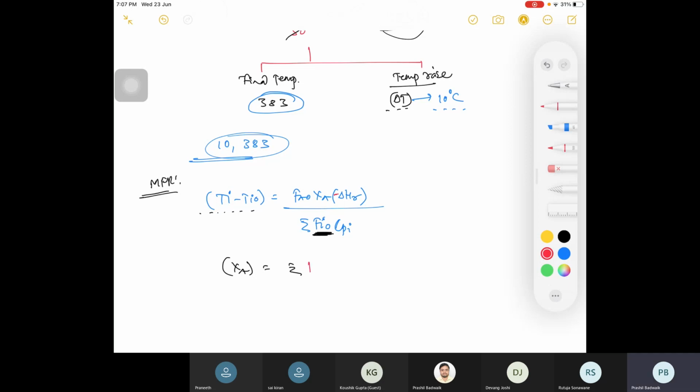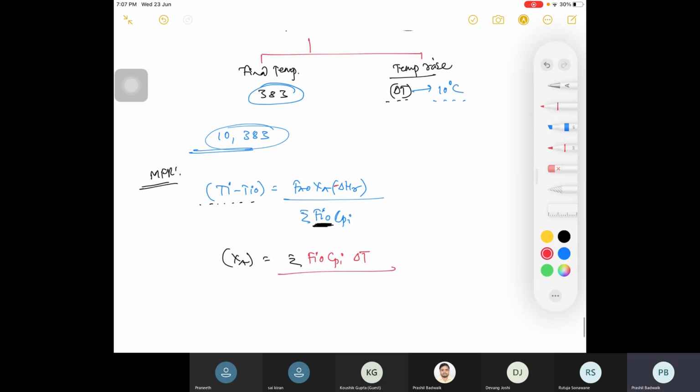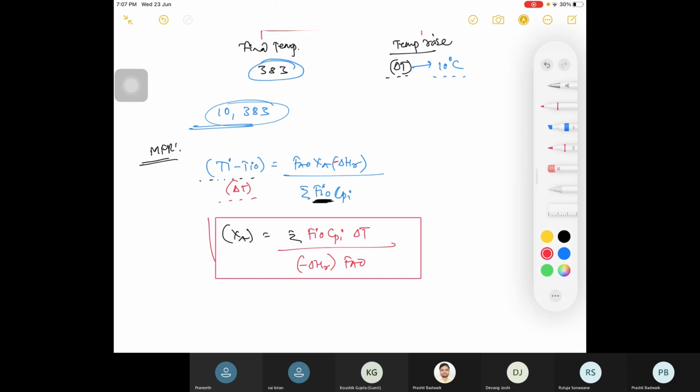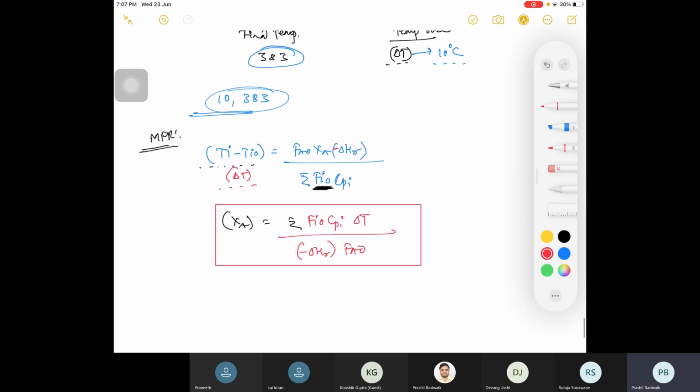So you will be having summation of Fi naught Cpi into your delta T divided by your delta Hr in minus sign. This is final temperature minus initial temperature. I'm writing delta T. Delta Hr Fa naught, right? This is your equation.